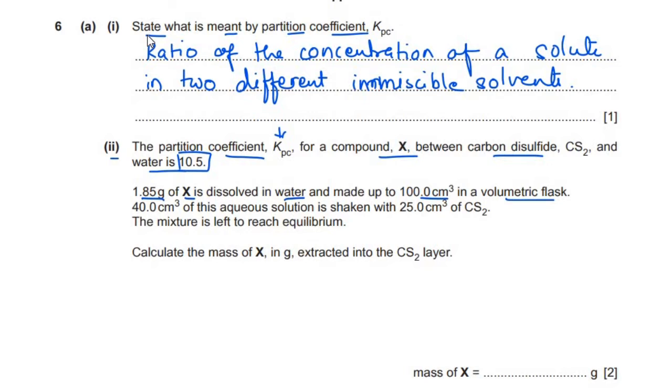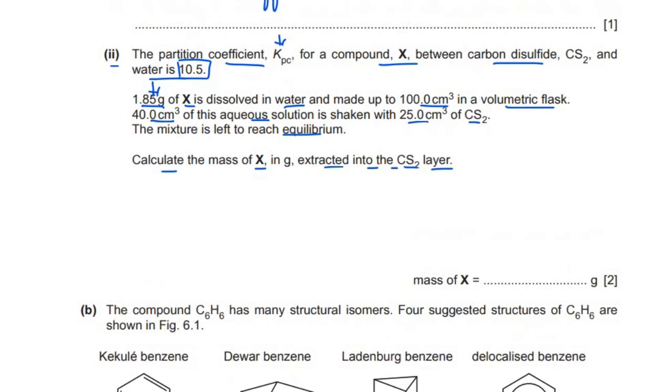We are dissolving a solute X in water first and making it to 100 centimeter cube in a volumetric flask. 40 centimeter cube of this aqueous solution is shaken with 25 centimeter cube of carbon disulfide. The mixture is left to reach equilibrium, and calculate the mass of X in grams extracted into CS2, that is the carbon disulfide layer.